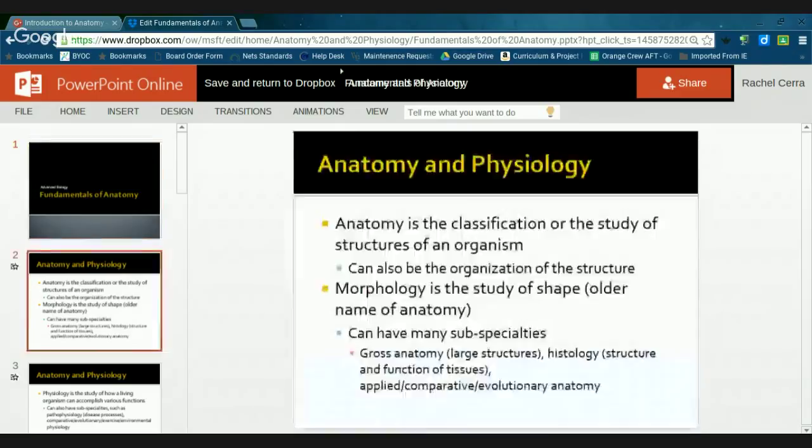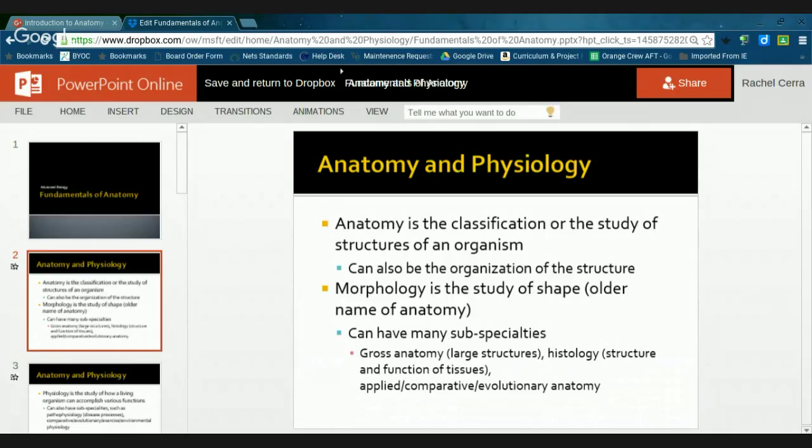Alrighty, when we talk about anatomy and physiology, we're talking about the classification of the structures of an organism. So specifically, we're talking about what their body parts and their pieces are and how they're put together. It's not how they work, but just what parts and pieces they have and how they're put together.